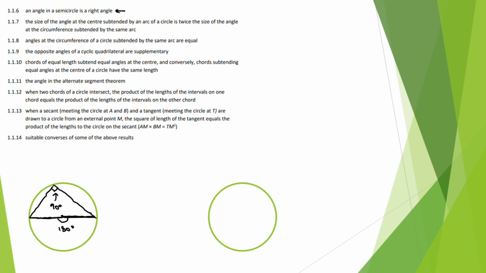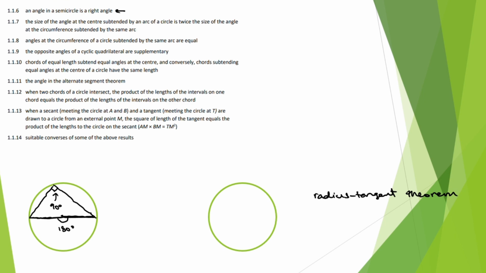Now the other theorem I have included here, which actually isn't included in the SCARSA syllabus here, is the radius-tangent theorem. And you can just refer to this as the radius-tangent theorem when you are providing your justification in your proof.